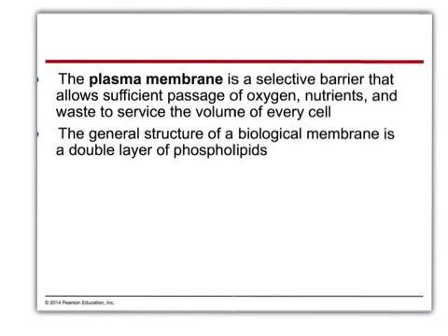The plasma membrane, then, is your selective barrier that allows sufficient passage of oxygen, nutrients, and waste to service the volume of every cell. And how do those things move across the plasma membrane? Depends on what they are. By which processes? I heard diffusion, yes. What else?